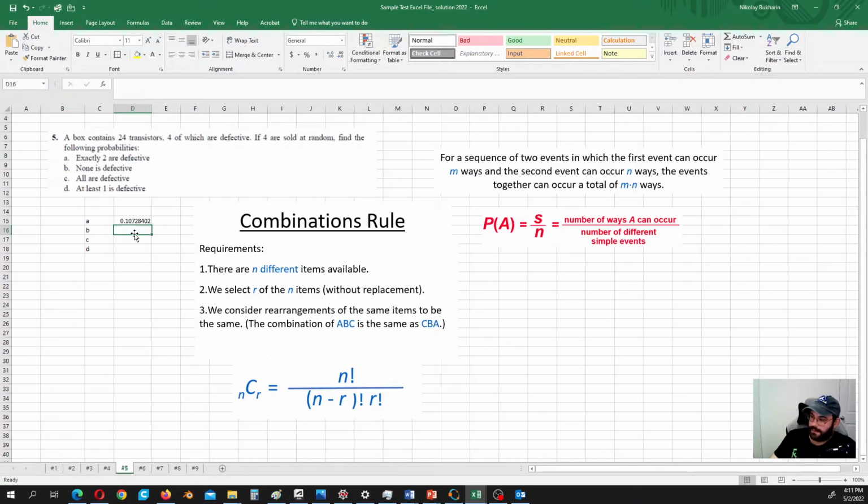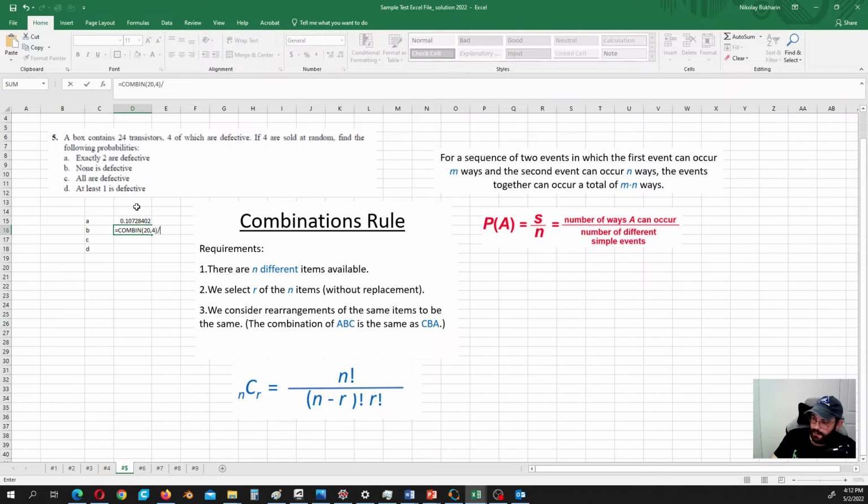Okay, so none is defective. So here we are selling just 4 non-defective transistors. So here we have only one event, and this event can happen in how many ways? So that's combinations. We have 20 non-defective, and we select 4.